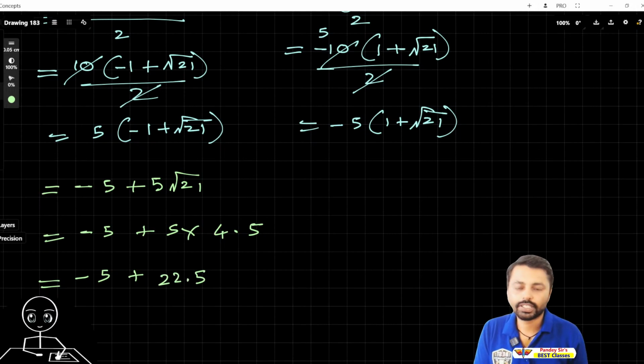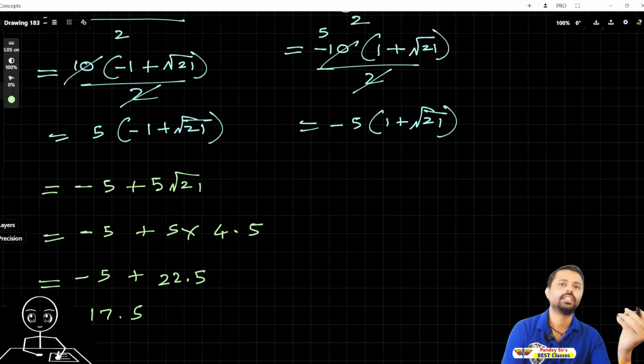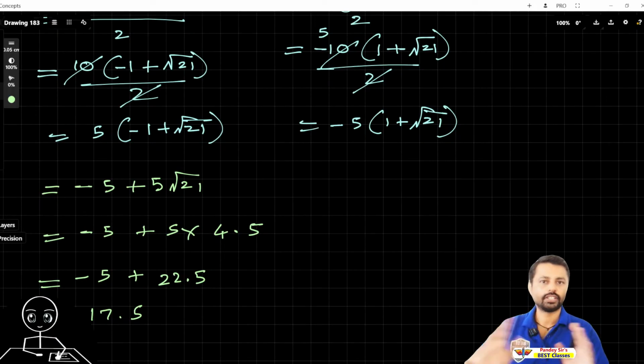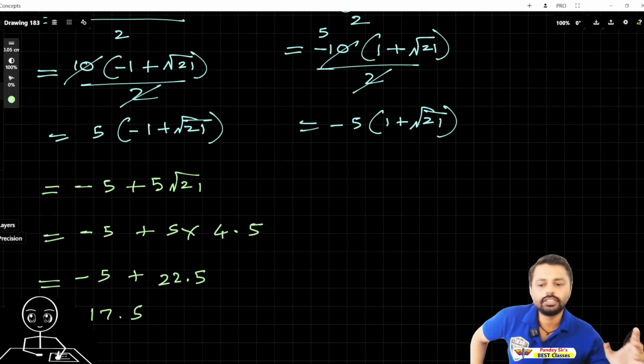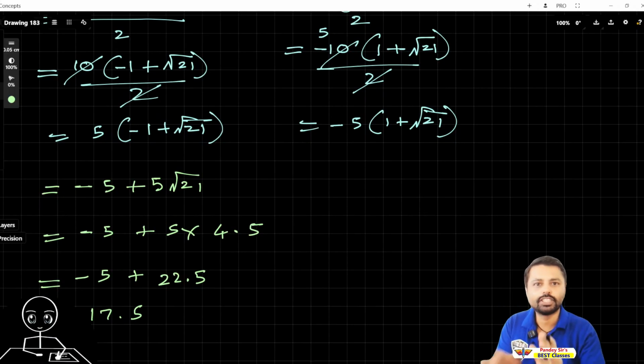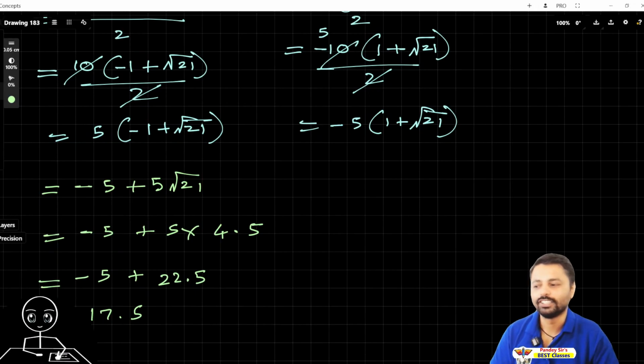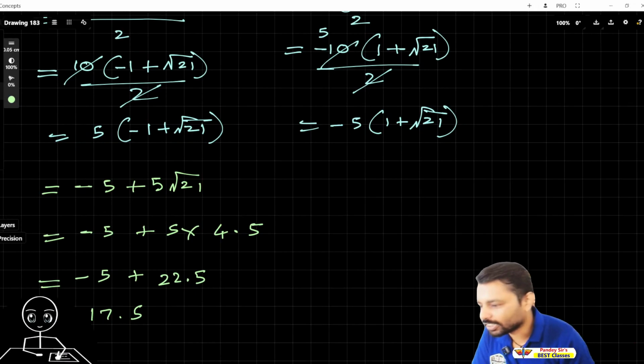Again 5 will be subtracted from there, so 17.5. Approximately that money was distributed originally among 17 people, and 0.5, the distributor person has taken that extra money. He has taken the half money. So this is my solution for this.